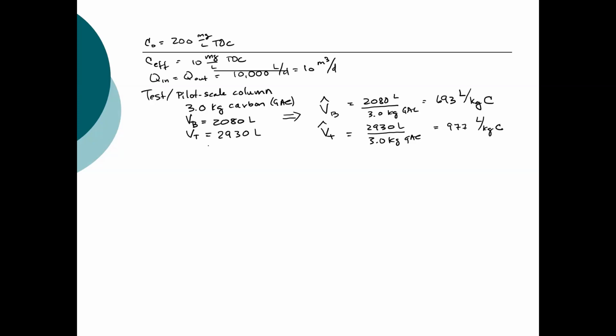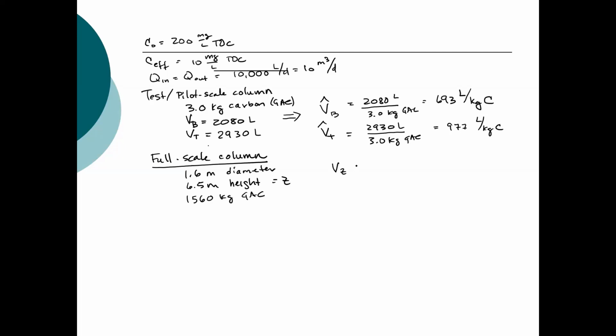So for our full scale column, we said it was 1.6 meters in diameter, 6.5 meters in height, so that is Z, and contains 1,560 kilograms of GAC.